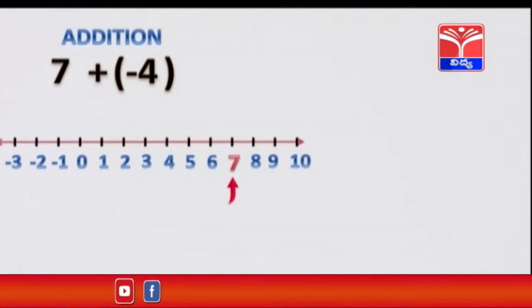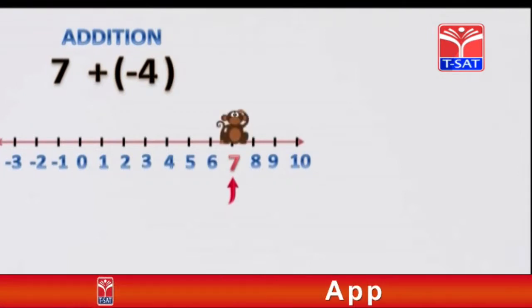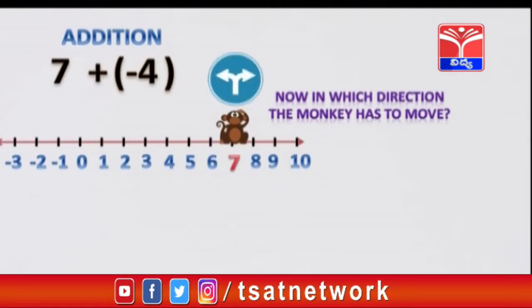Now we start from 7. We may go to the right side or left side from 7. To make it a little funny, a monkey is ready at position 7. The monkey got a doubt. In which direction does the monkey have to move? To its left or to its right?